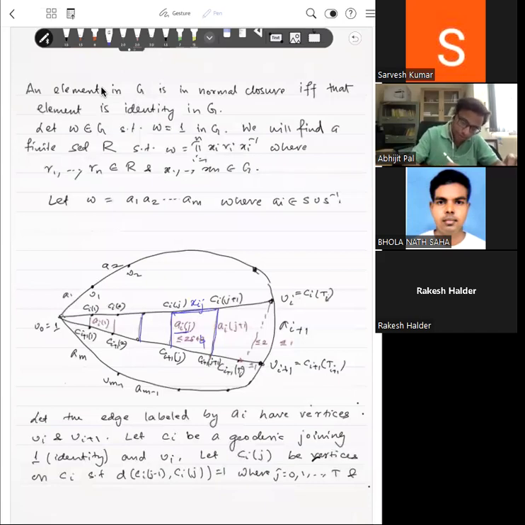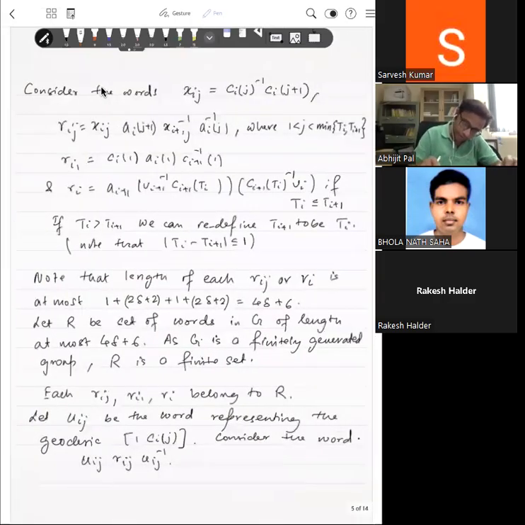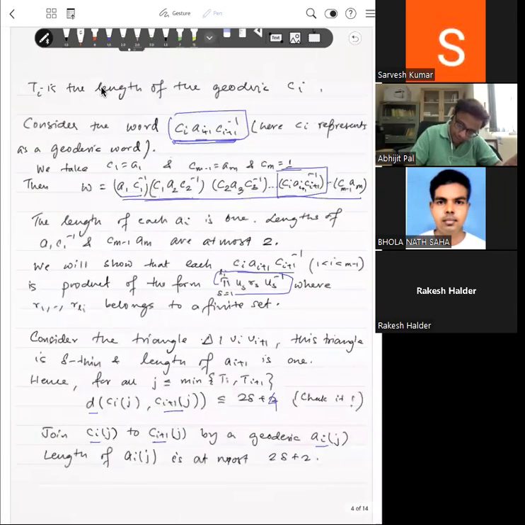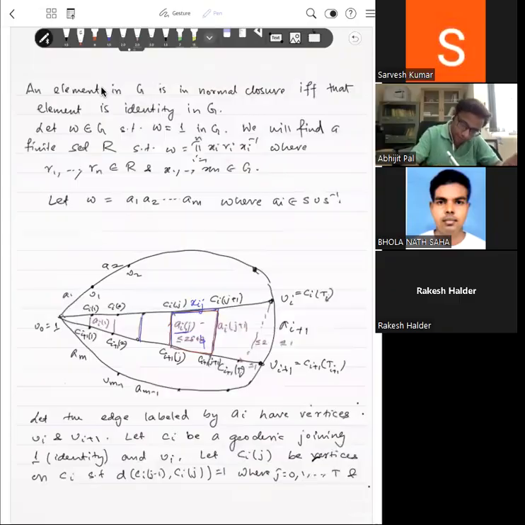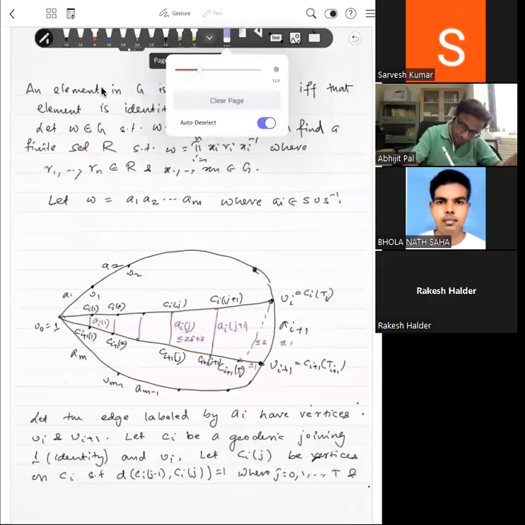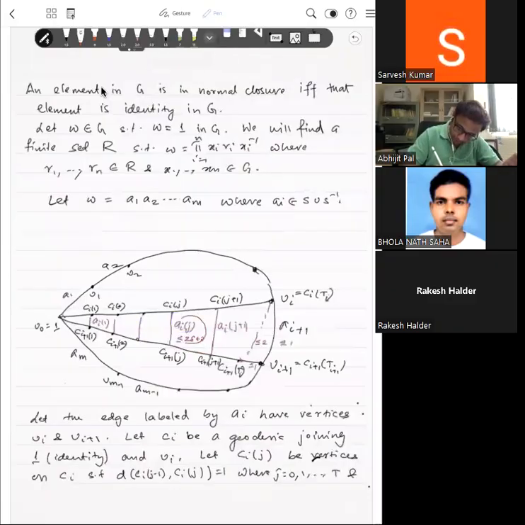Now what you do is take this loop. This Rij is Xij, Aij+1, Xi+1,j inverse, then Aij inverse. So this loop is my Rij, starting from here.